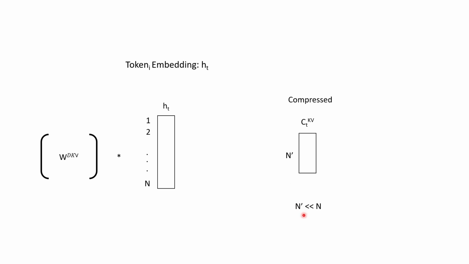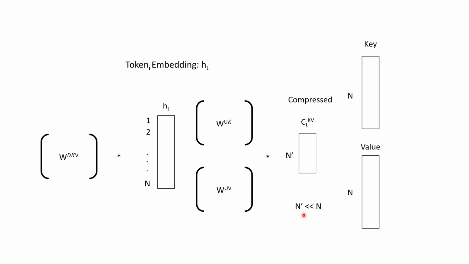Then, when we need to separate the keys and values, we project them back up using two new matrices. This way, we only need to store the compressed version of the keys and values, and we only transfer them back to the original space when we need to compute the attention output.